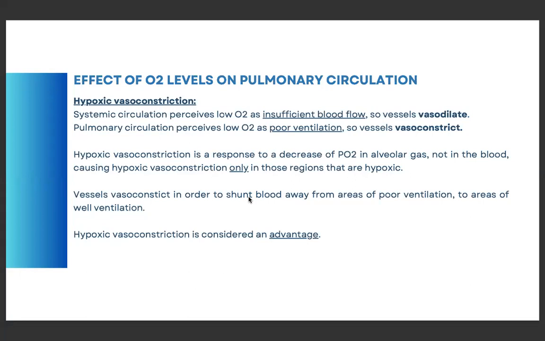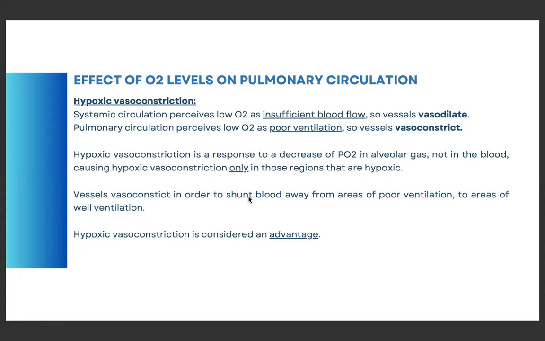While in the pulmonary circulation, the opposite happens. When you have a low oxygen level, this leads to vasoconstriction. Now, why is that the case? Well, this is a process called hypoxic vasoconstriction, and the idea is to shunt blood away from the poorly ventilated areas. The lungs will interpret a low oxygen level as meaning that the portion of the lungs is not working, and they don't want to waste blood in that area.